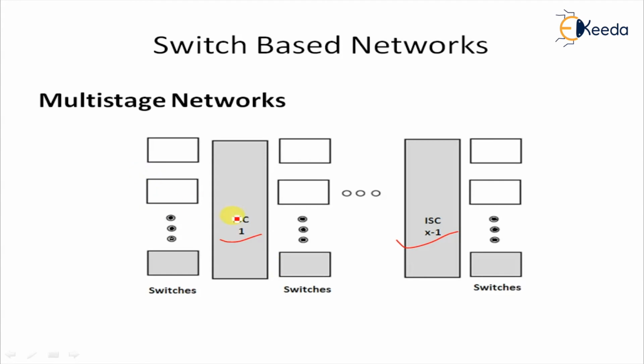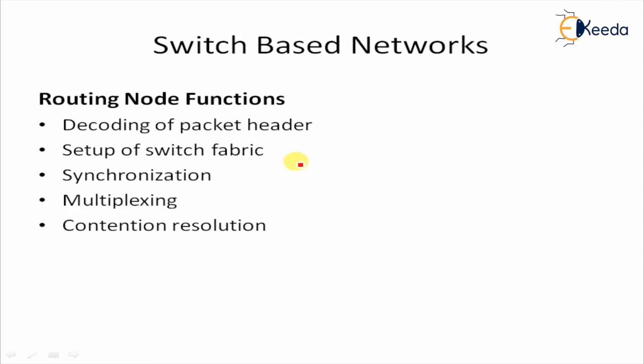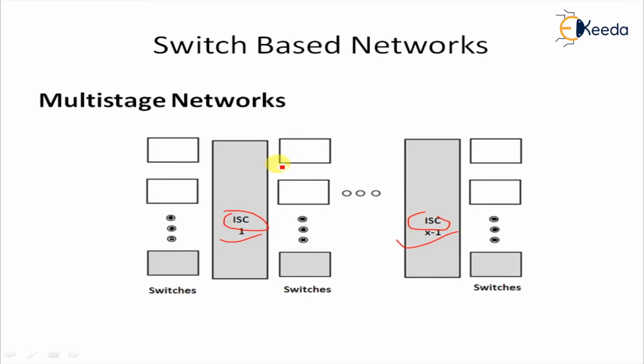The interstage connection pattern may follow any of the routing functions such as shuffle, exchange, or other permutation functions, and can be performed in this MIN. Clear? So in this case, an n cross n MIN network also exists, and the number of bits in any destination address in the particular network is provided.